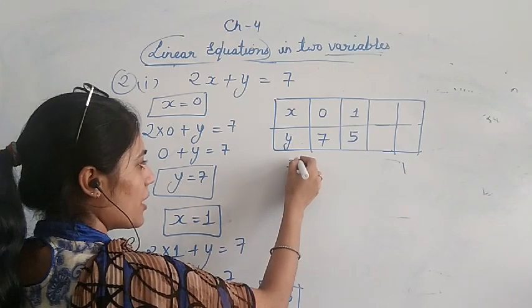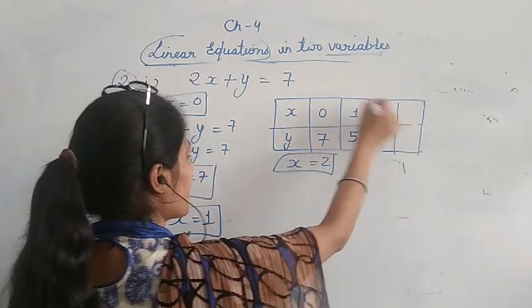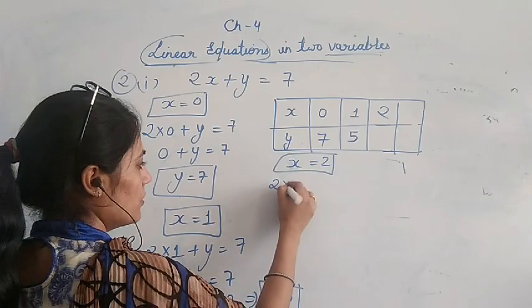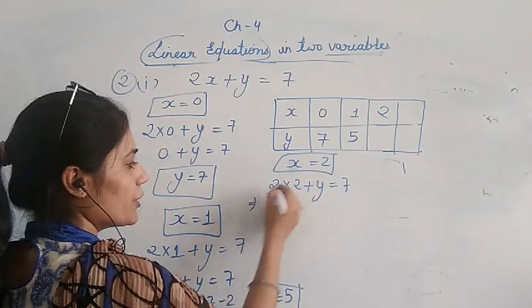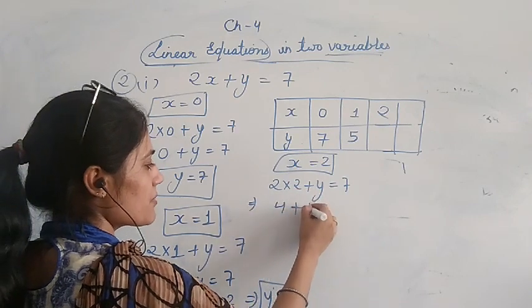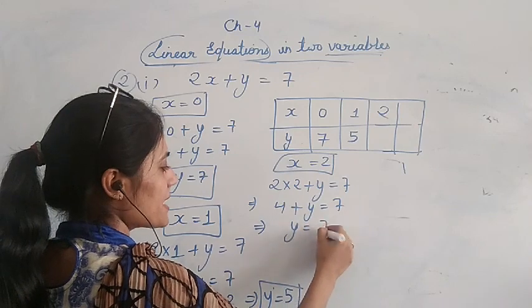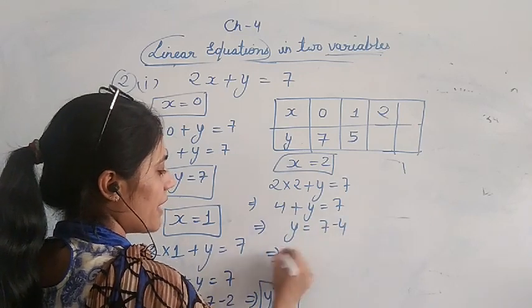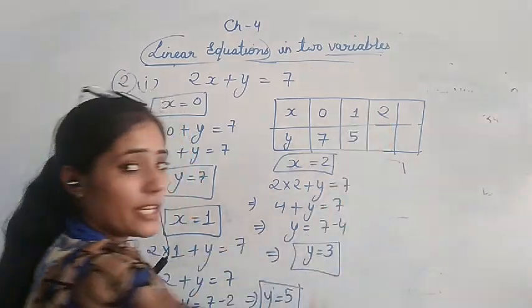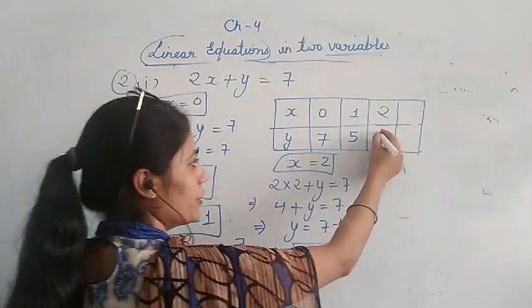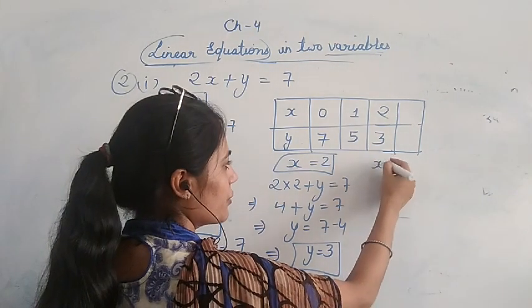So now I can put x value 2. Put x value 2 here. 2 into 2 plus y equal to 7. So 2 into 2, 4 plus y equal to 7. So what y value you will get? 7 minus 4. So y value is equal to 3. So when I am putting x value 2, I will get y value 3. Okay. Next thing, when I am putting x value 3.